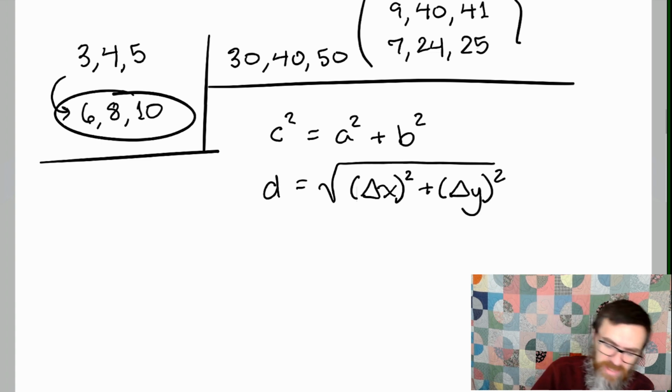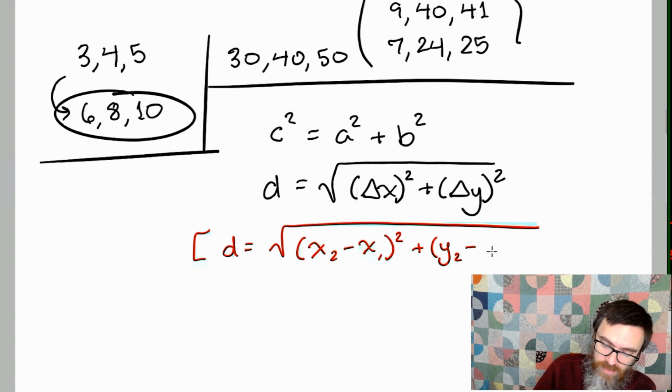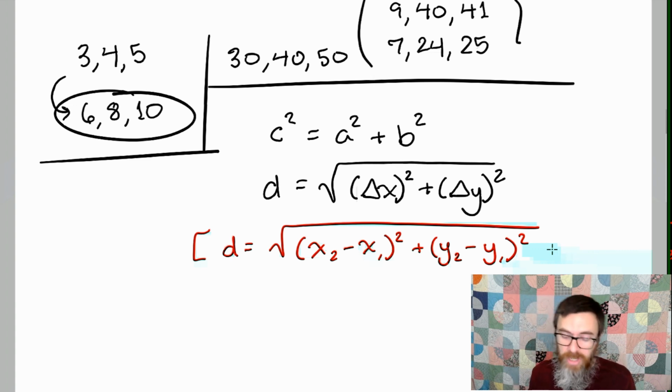If you were to look at what is in the textbook, they would have it written like this, that the distance is pretty much the same thing, except that they actually write out the difference of x as x2 minus x1, and the change in y as y2 minus y1. So that's what the textbook says.